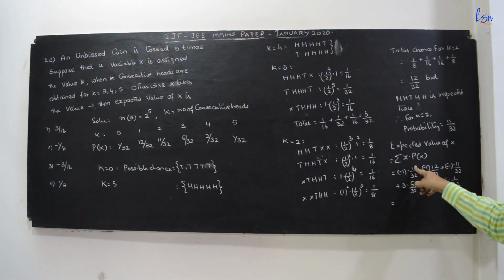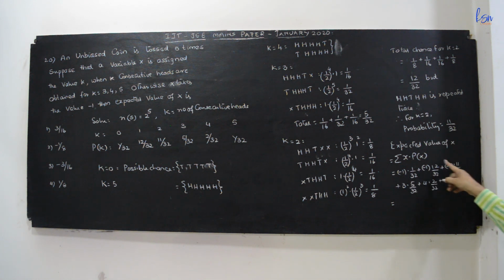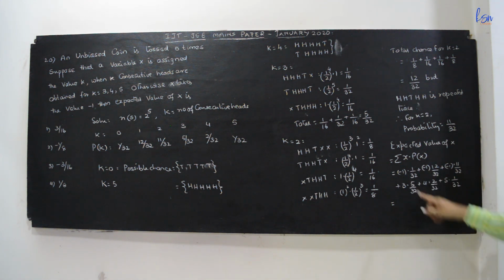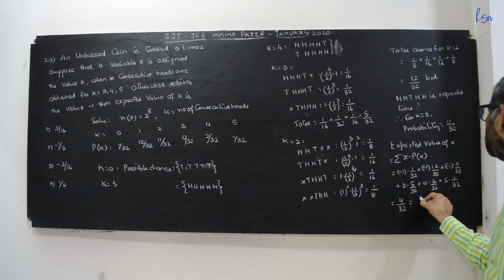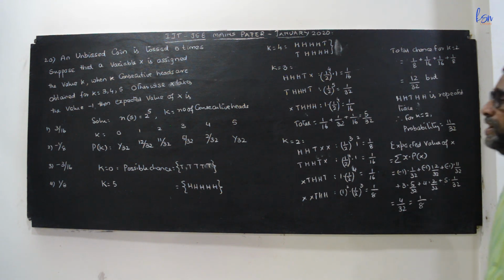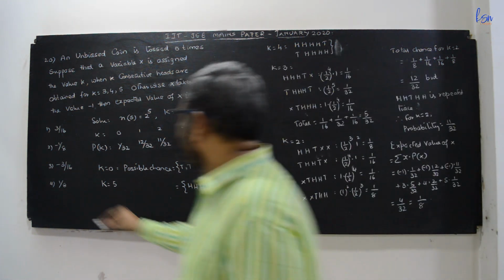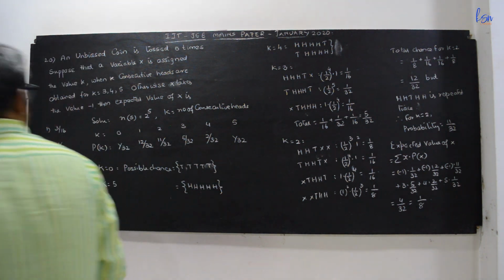This is minus 1, minus 12, minus 13, minus 24, plus 15, that is minus 9, plus 8, minus 1, minus 1 plus 5, 4, 4 by 32, and that is nothing but 1 by 8. So the expected value of x is 1 by 8.